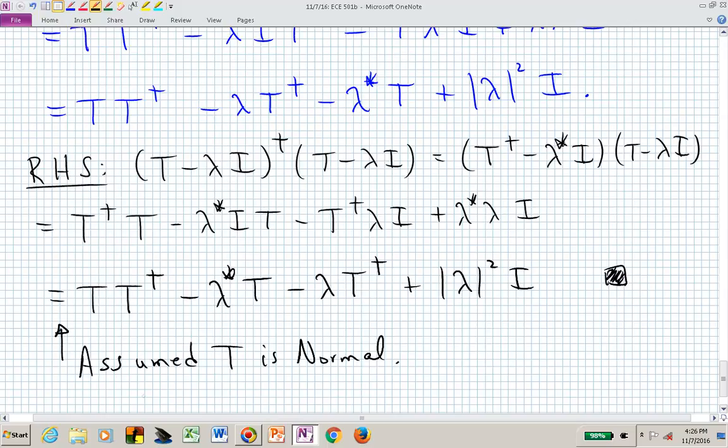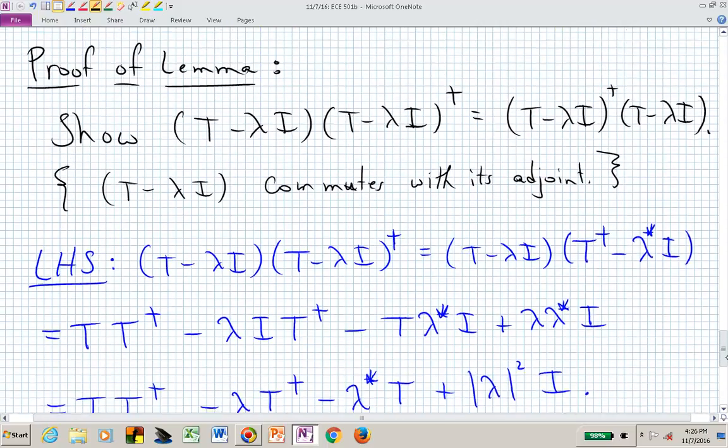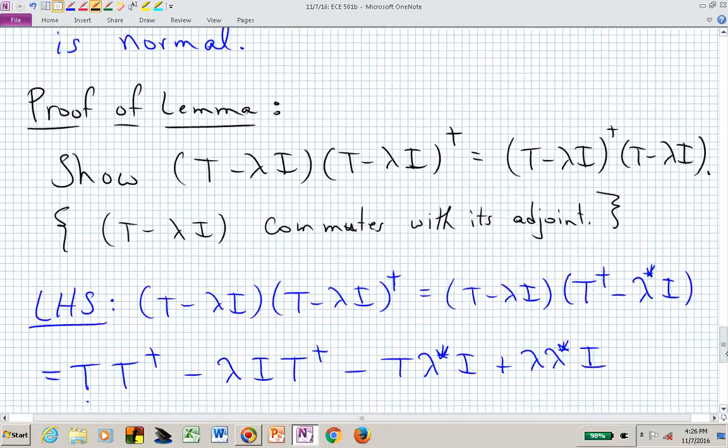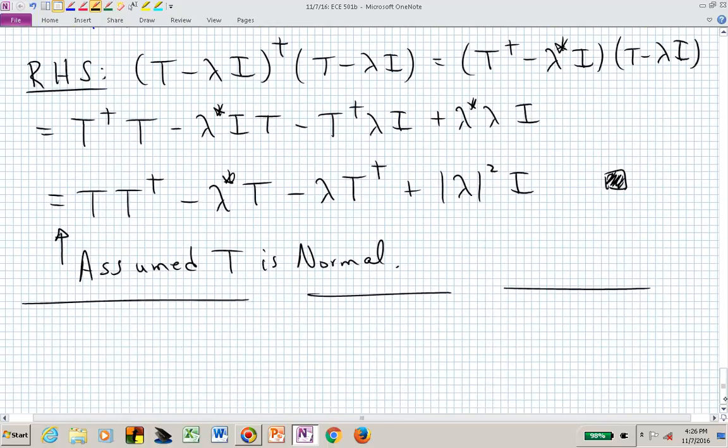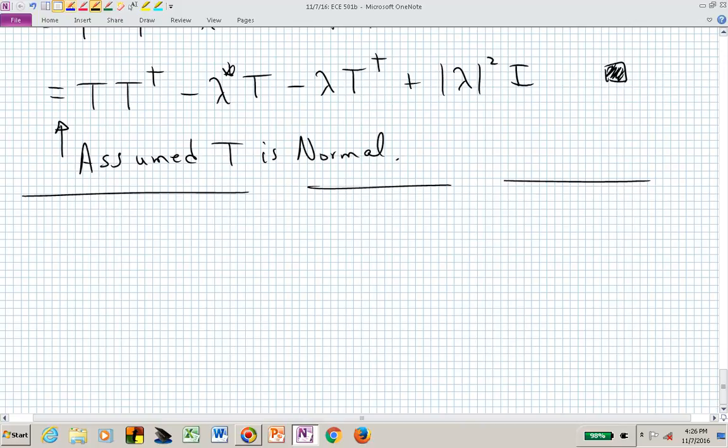Which means then if our operator is normal, then we know that T minus lambda I is normal. And if T minus lambda I is normal, we can start looking at using that earlier relationship, this equality of norms. And that's what we want to use in this next corollary.